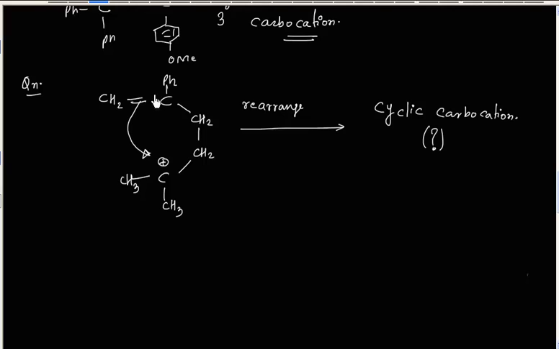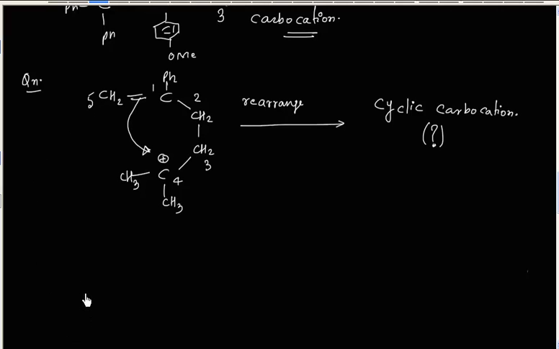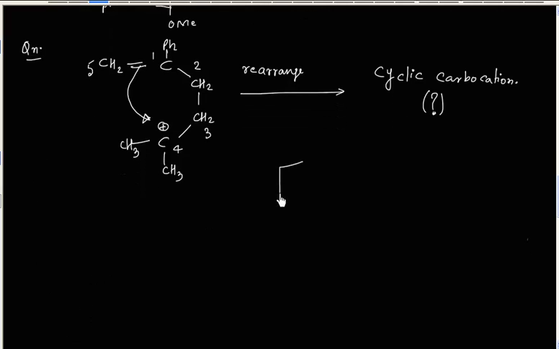So if this happens, we will have 1, 2, 3, 4, and this carbon is connected to this carbon. So this is carbon number 5. So we will have a 5-membered ring, carbon number 1, 2, 3, 4, 5. Carbon number 1 contains the phenyl group. Carbon number 4 contains the methyl group.